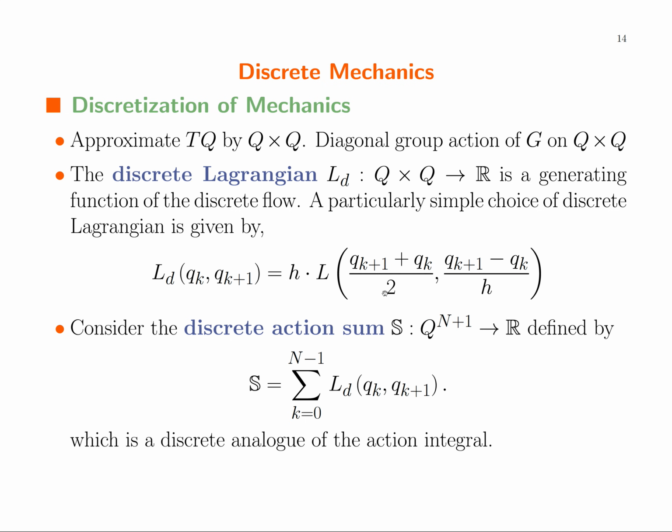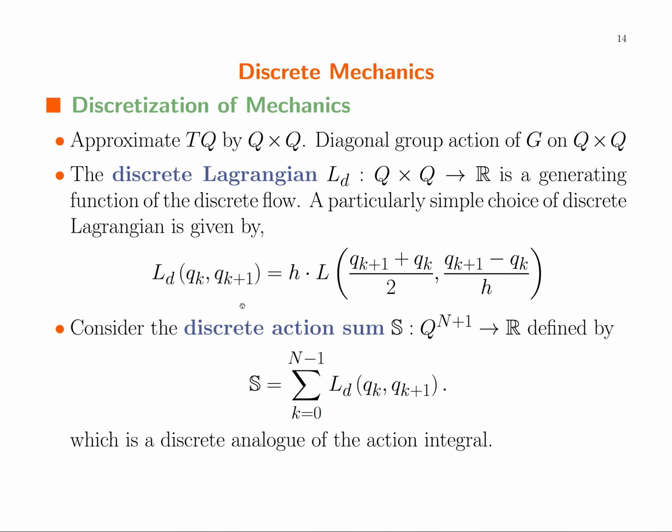Here you have a midpoint approximation of the position and then a finite difference approximation of the velocity. Then that's just the Lagrangian, and you're multiplying this by h. The best way to think about this is that this is an approximation of a piece of the action integral over a small time step h. And in particular, this is the midpoint rule applied to that.